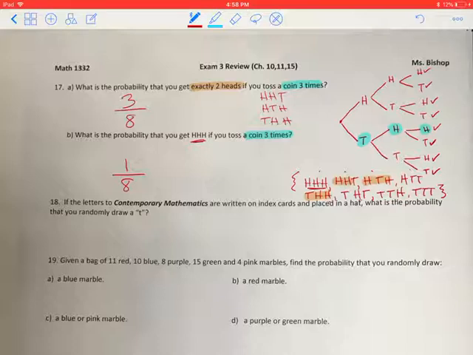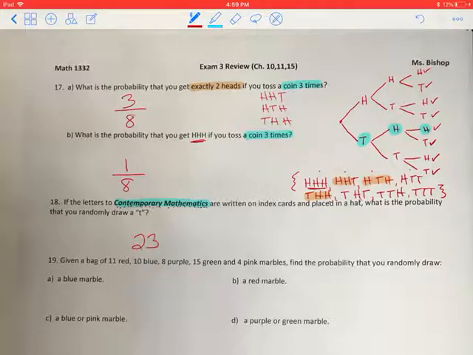Let's look at 18. If you took all the letters of contemporary mathematics, chopped it all up, and then threw the separate letters into a hat, what's the probability that you draw a T? First you have to count all the letters: 1, 2, 3, up to 23.